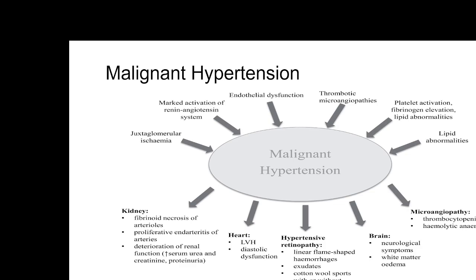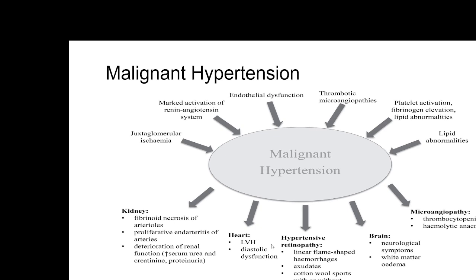Malignant hypertension can occur when hypertension increases. It can produce many complications, which can occur anywhere in the body; any system could be affected. The most commonly affected organs are the kidneys, where there could be necrosis of the arterioles and arteritis can occur.